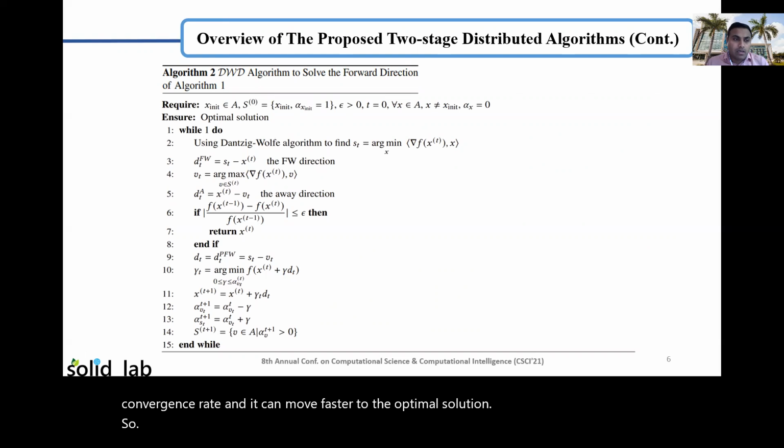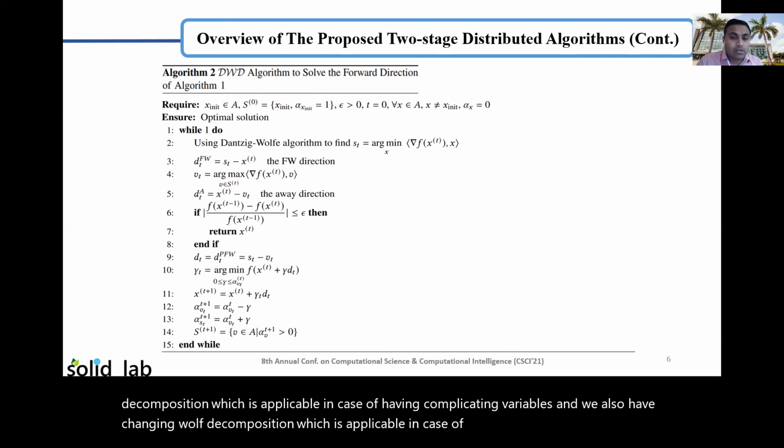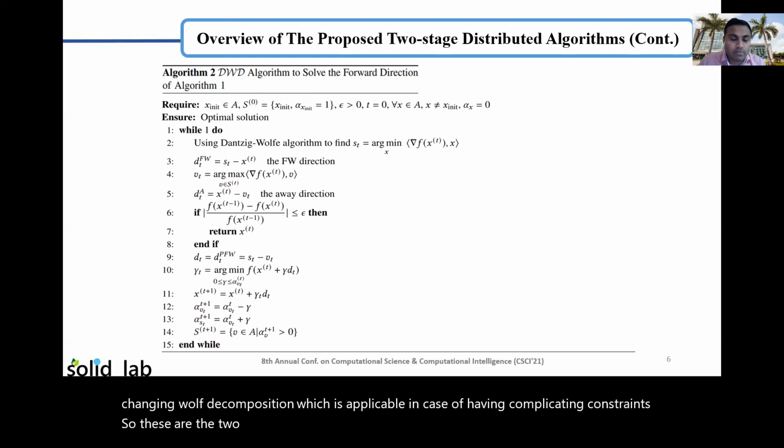There are several distributed convex optimization algorithms. For example, the Benders decomposition, which is applicable in case of having complicating variables. And we also have Dantzig-Wolfe decomposition, which is applicable in case of having complicating constraints. So these are the two major decomposition methods to solve linear optimization problems in a distributed way.